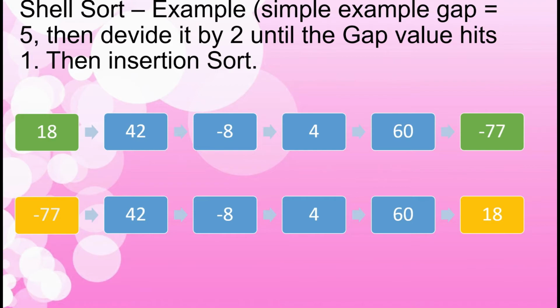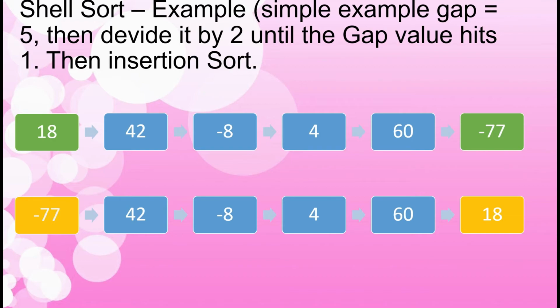And this is the part where the shell sort will help us. We will take the gap of 5. That means that we start comparing the element at index 0 with the element at index 5. Remember, we start counting in arrays from 0, so index 5 is the last element.